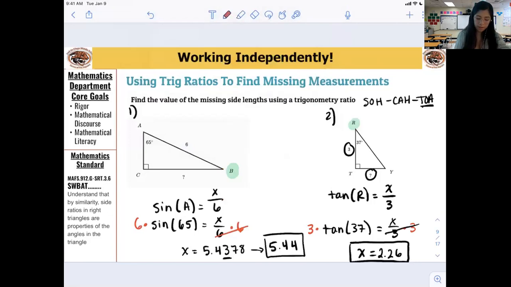CB is adjacent, and AC is opposite. Okay? Because it's across. So that's how you always check. Go directly across, that's your opposite side. Right next to is adjacent. The longest side is the hypotenuse.